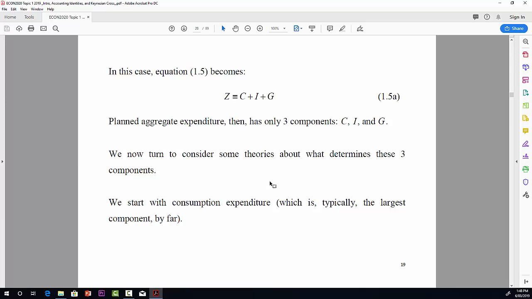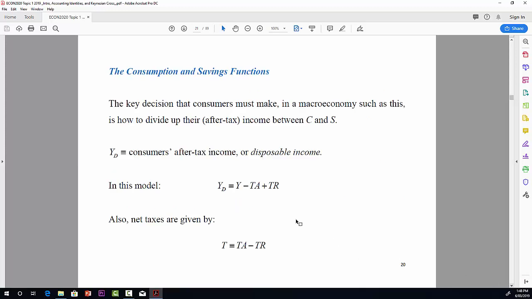In most economies, consumption expenditure is actually the largest component by far. So most of aggregate expenditure is consumption. We're going to be looking at what's called a consumption function, and its twin, a savings function.